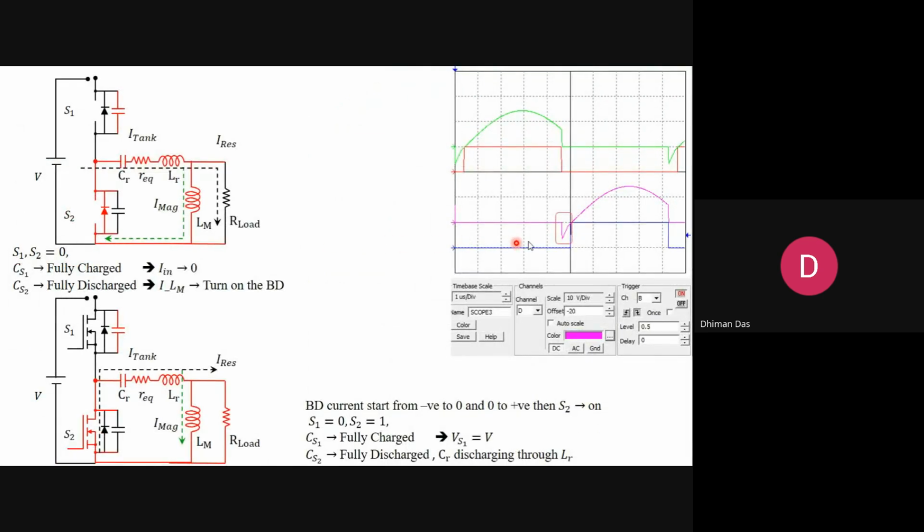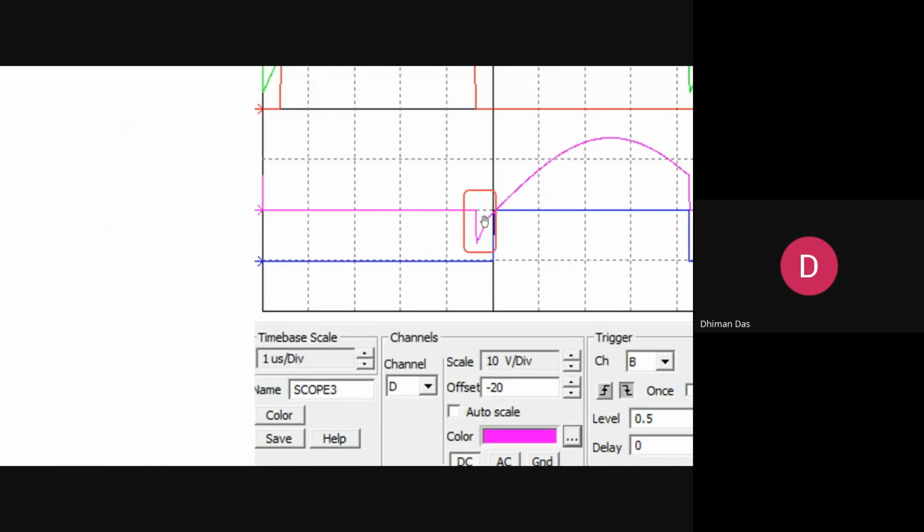During the time when it goes from negative to 0, that much duration you have in your hand. So during this period, that is the optimal dead time.